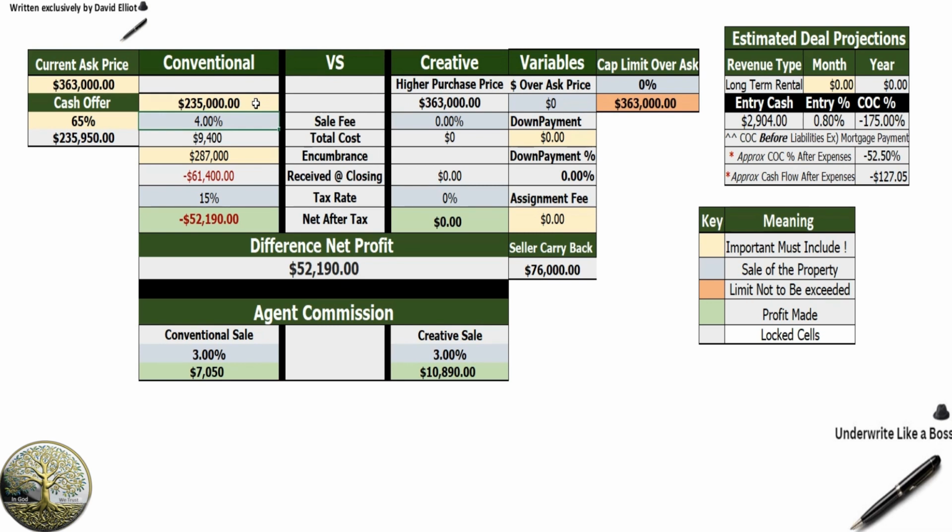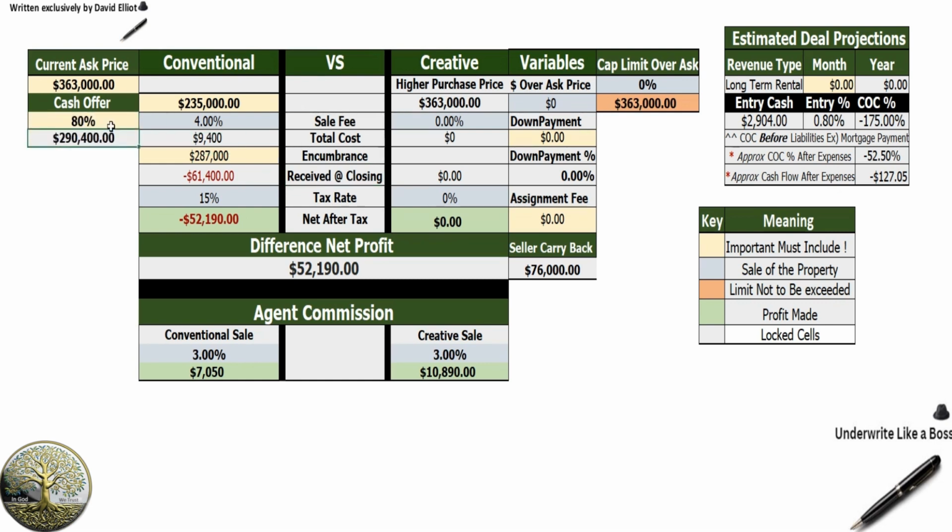Now, in this case, they would obviously say no to your offer, because they would have to come to closing with $60,000. So having a calculator such as this will really give you a quick idea and calculate right in front of you whether or not this is a deal that the seller is willing to take. And so the answer is no. They're not willing to come to closing with $60,000.